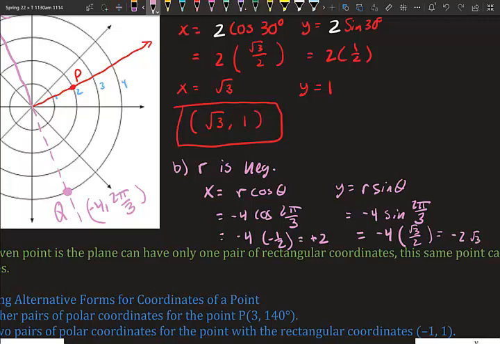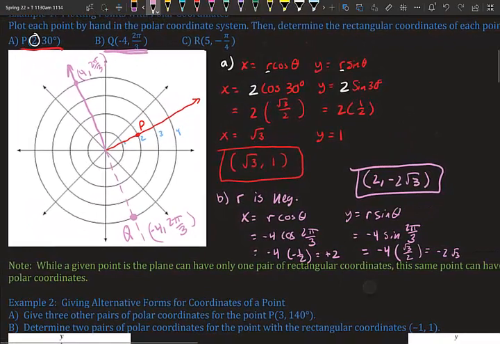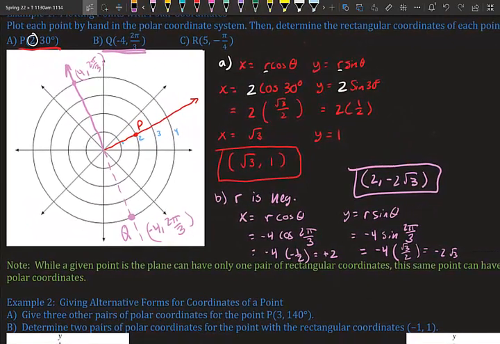So our rectangular coordinate point is 2, negative 2 square root of 3. Doesn't that make sense though? Because 2, negative 2 square root of 3, isn't that going to be here? Because x is positive, y is negative. So you see how it still worked out? It still matches the drawing.